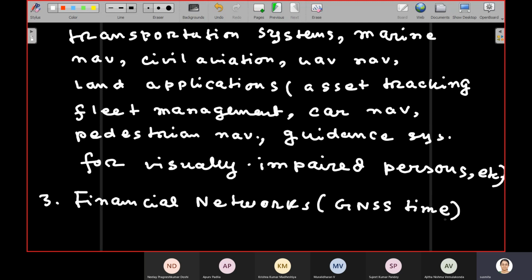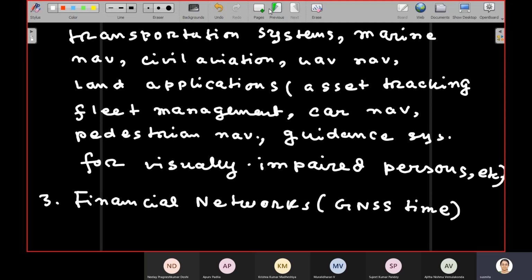You need to timestamp it: at this time, this transaction was made. What is the time? The time has to be accurate. It has to be universally true, right? All the different systems must be synchronized. There, GNSS system time plays an important role.